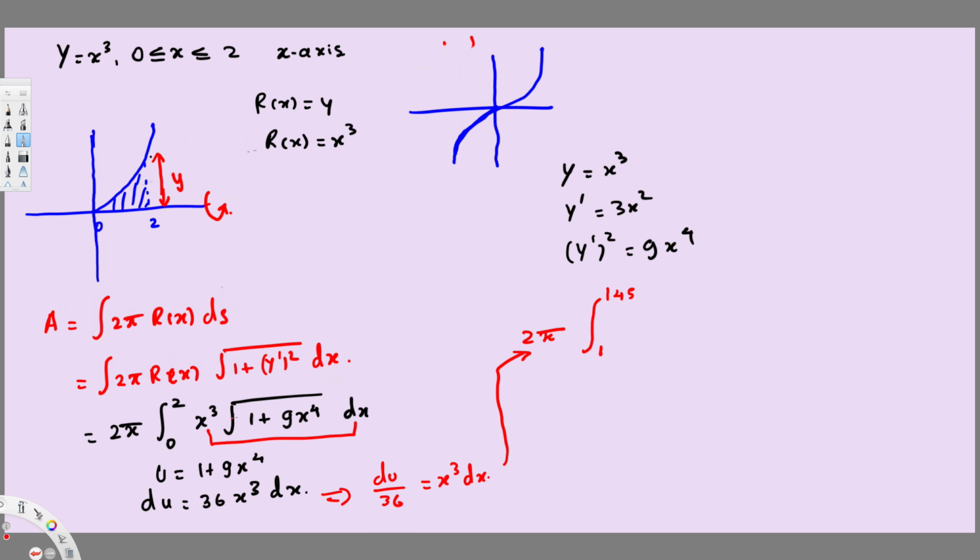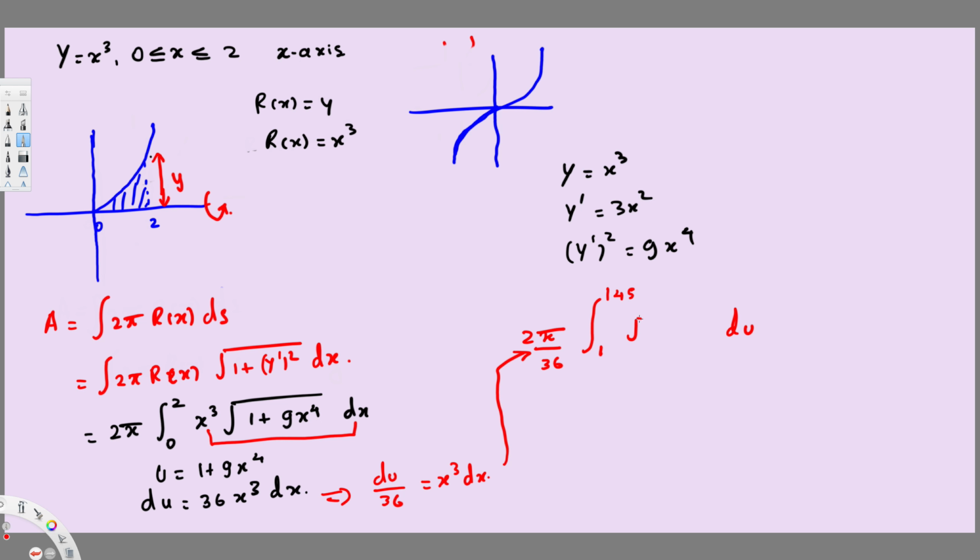And then let's write everything in terms of u. So here we are going to have x cube dx. We know that it's du by 36. 36 is a constant. We can move it to front. So this is going to be 2 pi over 36. And then we have x cube dx, so du is going to be right here. And in the square root we have 1 plus 9x to the power 4, that's u.